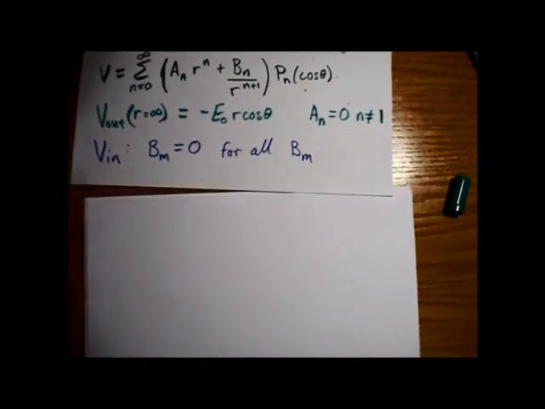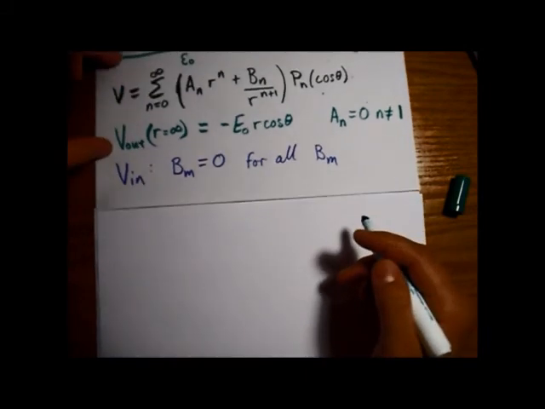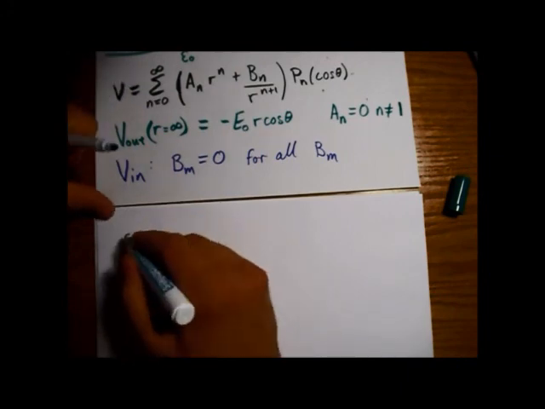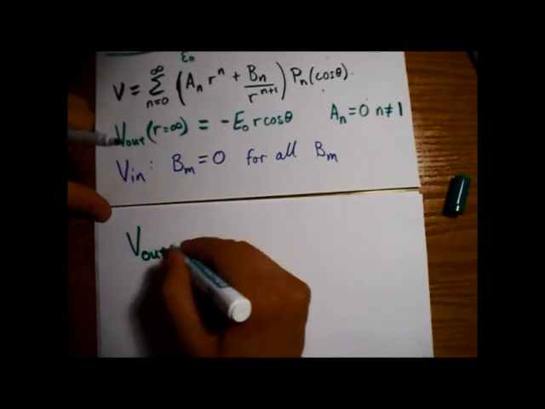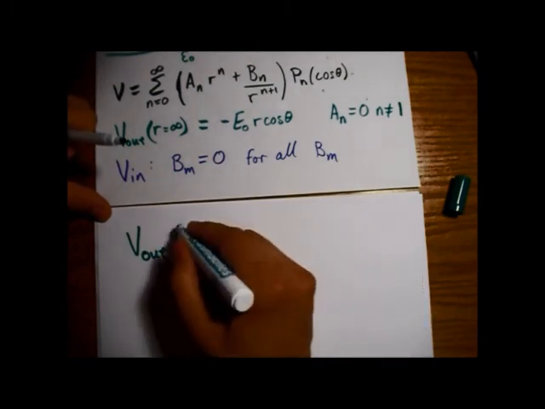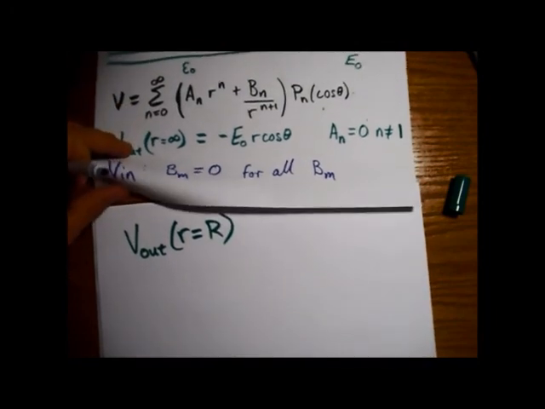All right, so we have some other boundary conditions we can use. One of them is, let's just use this one. So V out at r equals R, I'm going to use big R for the radius of the sphere.